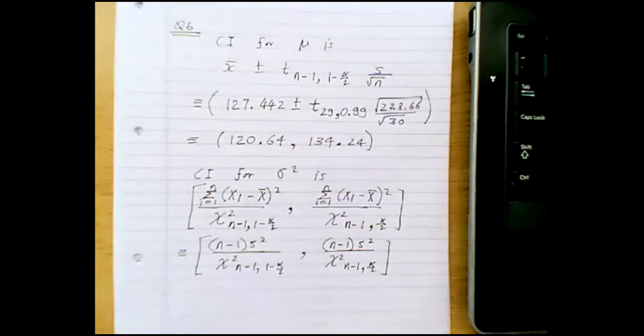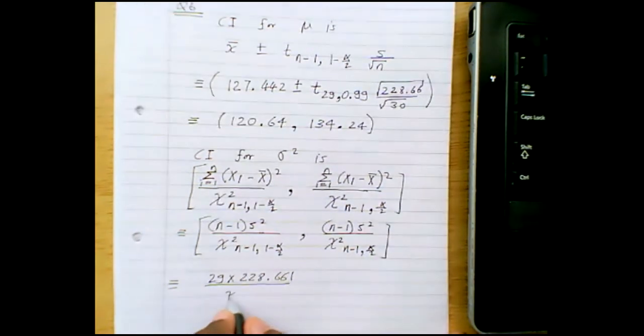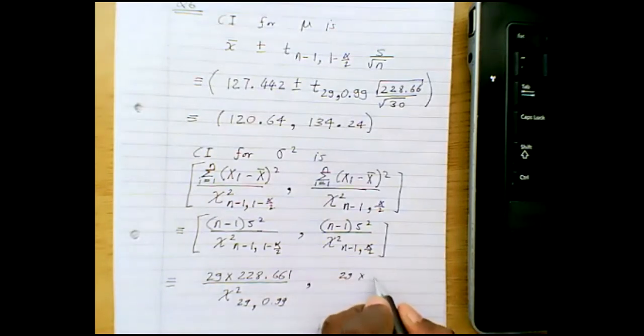Now n is 30, so 30 minus 1 is 29. S squared is given to us as 228.661, divided by the chi-squared with degree of freedom 29, 1 minus alpha by 2, which will be 0.99.